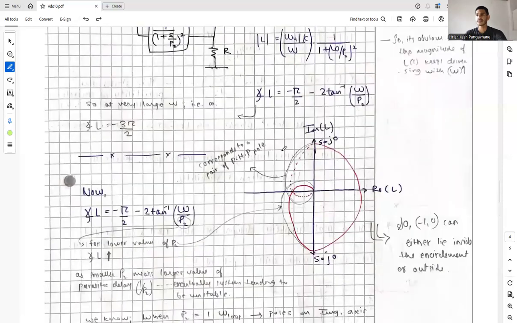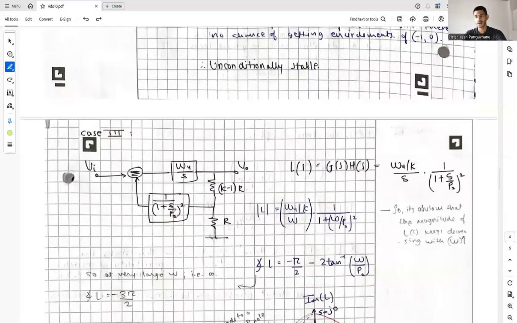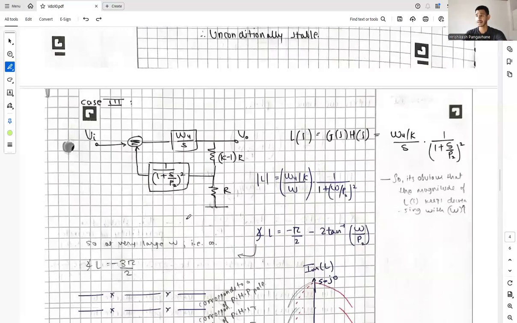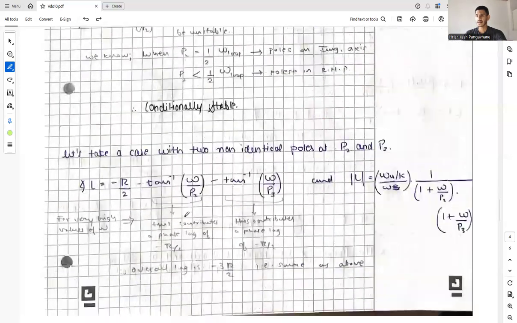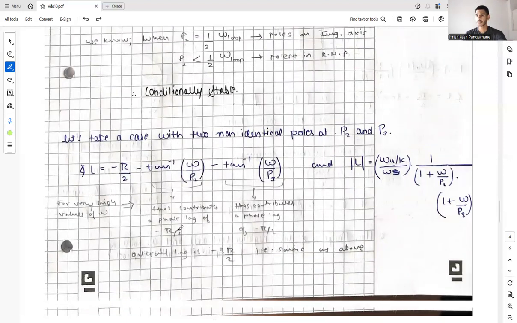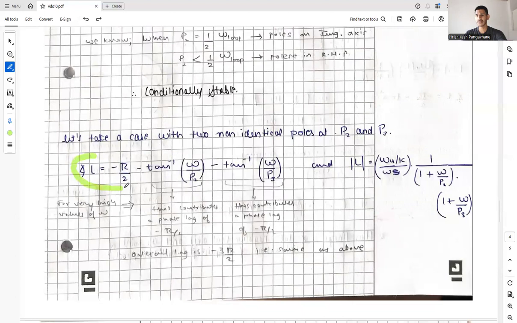Now let's say these two poles are not identical. So in that condition, let's take a case with two non-identical poles at P2 and P3. Similarly, our phase will look like this. This is contributed by our integrator, this is contributed by P2, and this is contributed by P3.